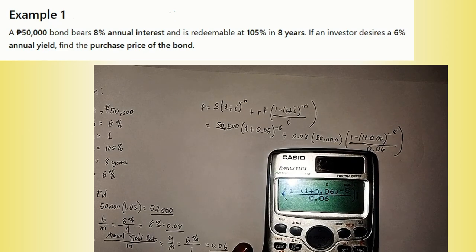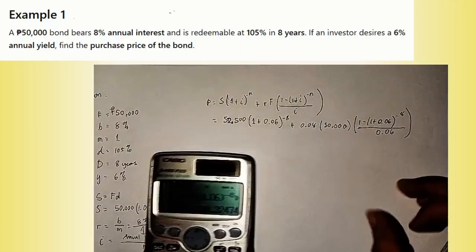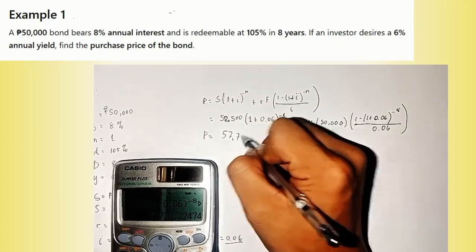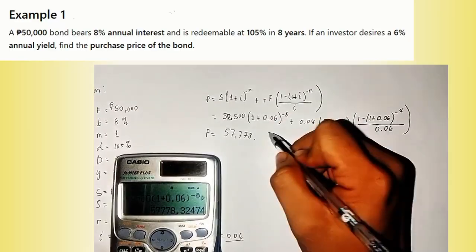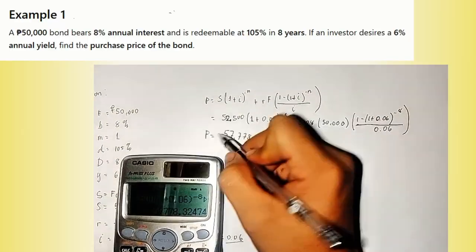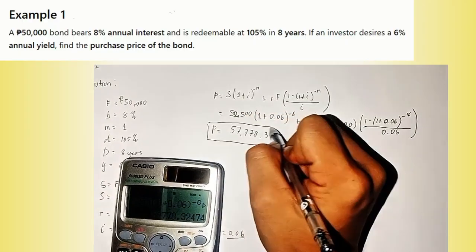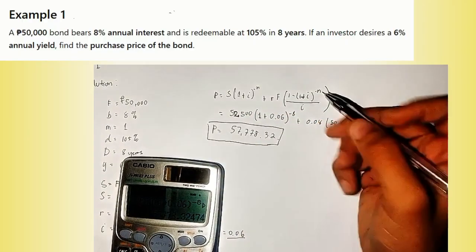So the purchase price is P equals 57,778.32. This is now the purchase price of the bond.